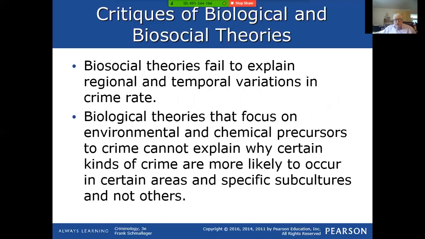Biosocial theories fail to explain regional and temporal variations in crime rate. You know, we can say this gene, that gene, this issue, that issue, but why in some parts of the country is there more crime than in other parts of the country? Why, in the South, where it's hotter, do we have more crime?